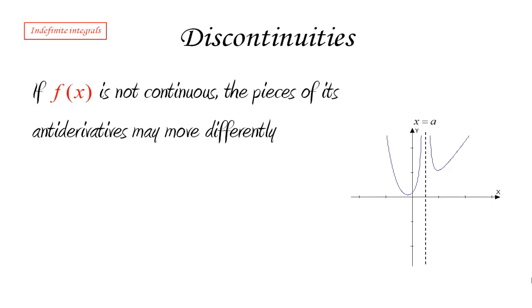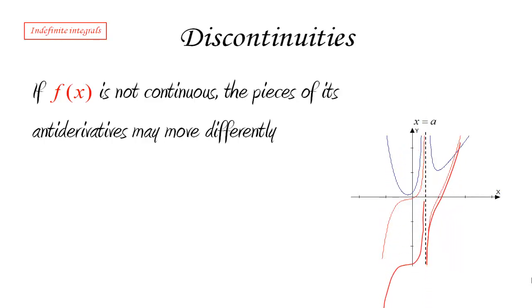So I can look at this one as a basic antiderivative, but then I can take the left hand side and move it up and take the right hand side and move it down. Now this is again another antiderivative for the given function. The slopes are exactly the same, so the derivative of this new shifted function will be the same as the original one. Or I can go the other way around.